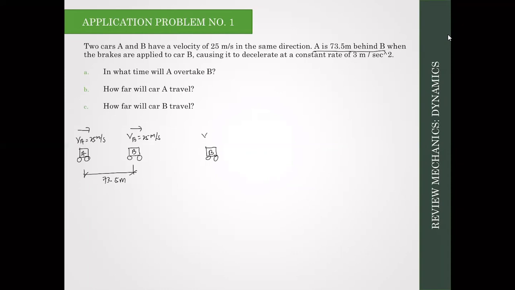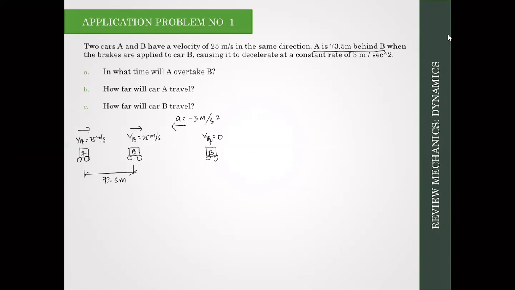Ang velocity natin pag nag-stop will be 0 na. And yung change in velocity na yan, nag-cause yan ng deceleration against dun sa motion natin, na ang value daw is 3 meters per second squared. So negative 3 meters per second squared.